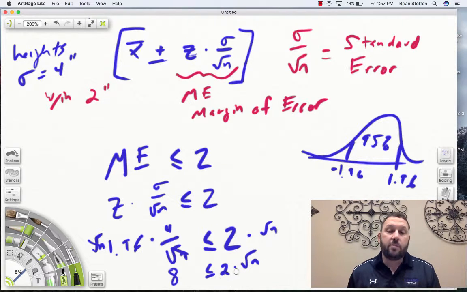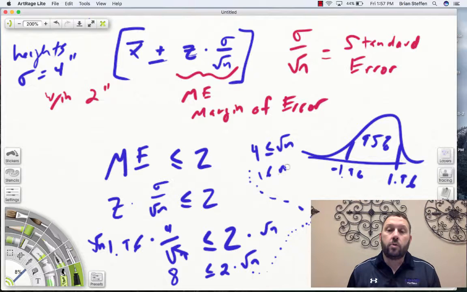And then I divide both sides by 2, so then I have 4 less than or equal to the square root of n. And then I square both sides.